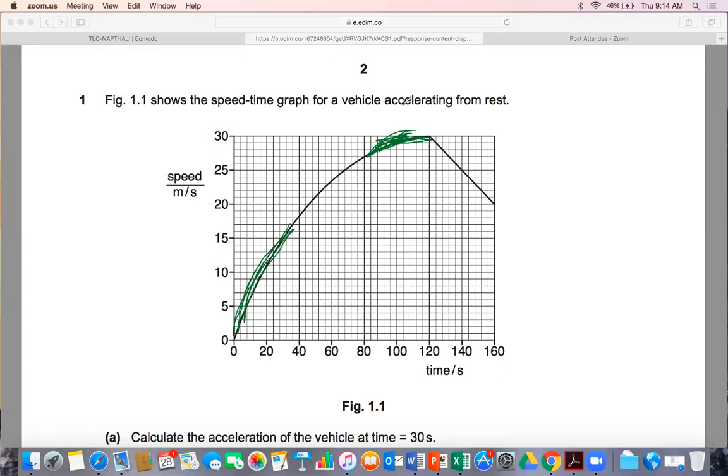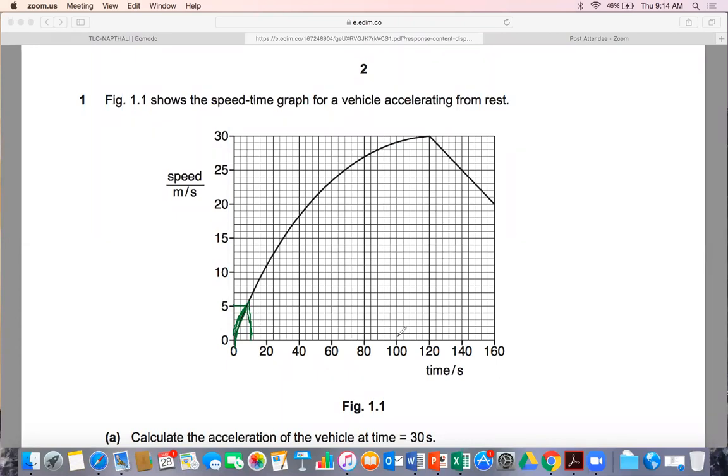Again, I show you. Let's say 10 is somewhere here. You see, it increases. When I take my speed over time, there's a jump.